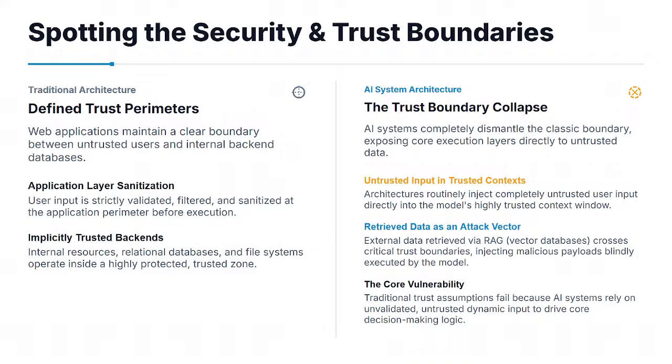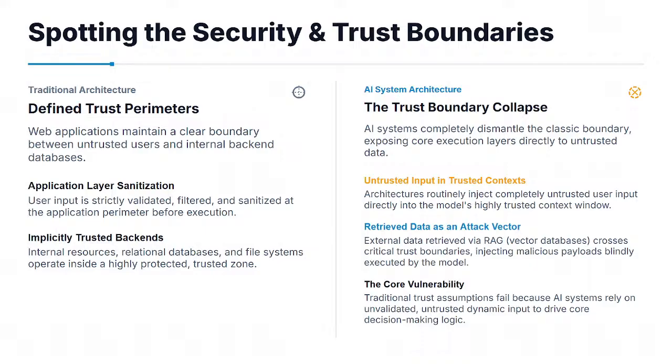Why? Because it is within the internal network. We're dealing with the internal database, internal resources, your relational database, your file system. You're sure that you have highly protected security measures over there, because of course you focus on your security, you ensure your database is secure, limited access, least privilege, all of those things, right?